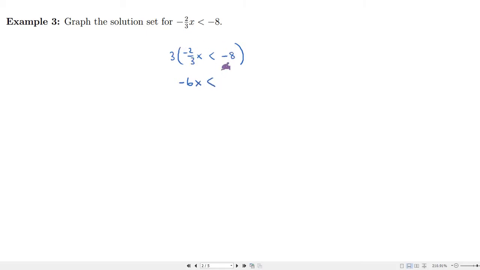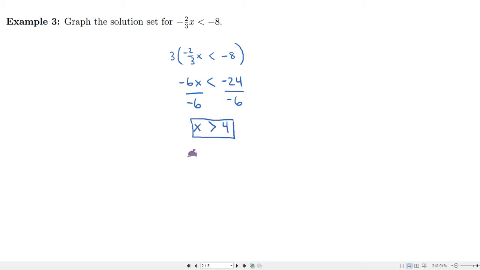And 3 times negative 8 will be negative 24. And then here we're going to have to divide by a negative, all right? So let's divide by negative 6. And this side will become x, but we're dividing by a negative, so this will become x is greater than, and what does this simplify to? Well, 4.